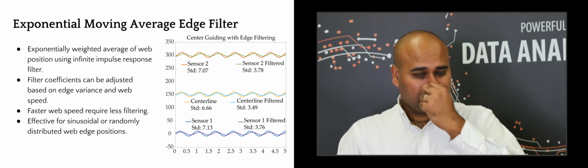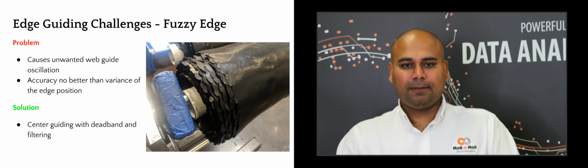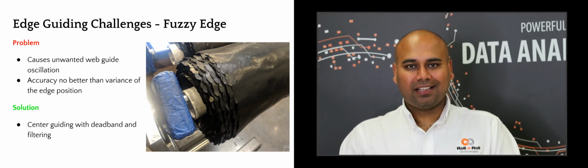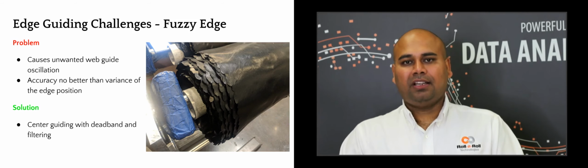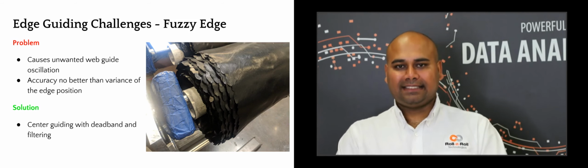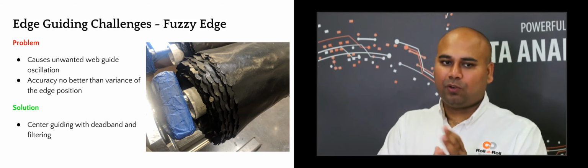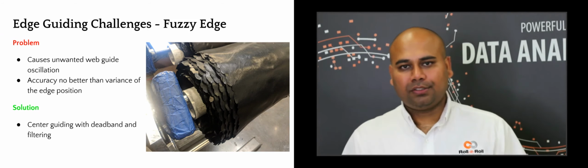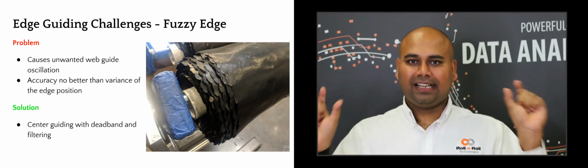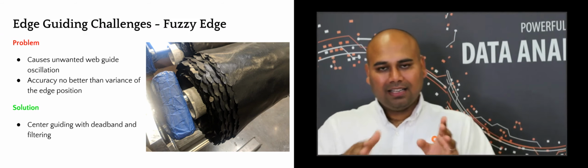So looking at some examples. Let's say you have an edge like this. The web is pretty jagged, and this is from an extrusion process. Now, you don't want to take the instantaneous measurement and guide the web, because the web guide is going to be oscillating back and forth. It's going to be crazy. A better way to do this is to use two sensors, so you get an inherent averaging of those two edges, and then add a deadband.